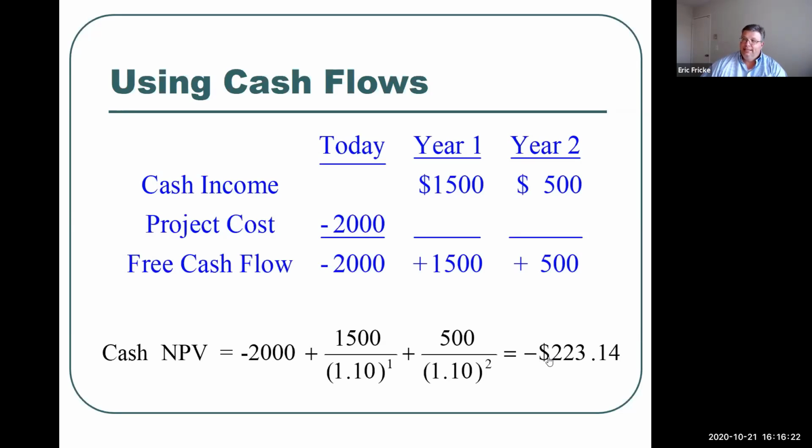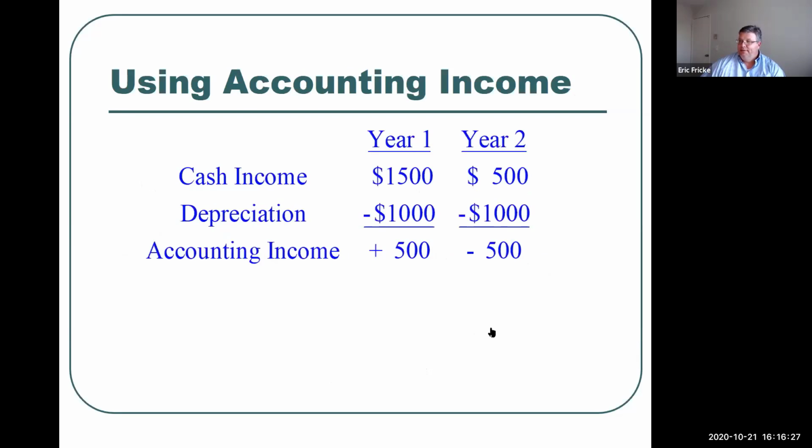Let's take a look at calculating NPV using accounting income now. So here's the setup, and where it's different is, notice we're using depreciation to account for our investment, right? And this makes sense from an economic and accounting point of view, because a lot of the point of accounting is to tie the cost of assets to the revenue and profits over time, right?